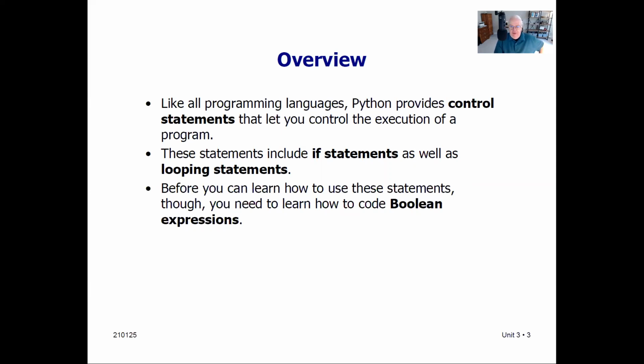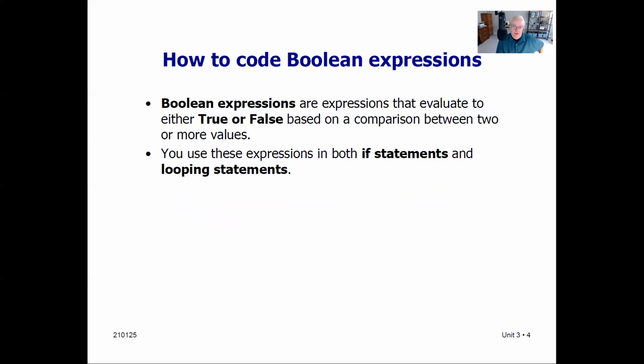So before we get into control statements, we have to understand Boolean expressions, and here's why. We'll use Boolean expressions as the test for the control statement. So that is why we have to get into this part. Boolean expressions are simply expressions that evaluate to either true or false.